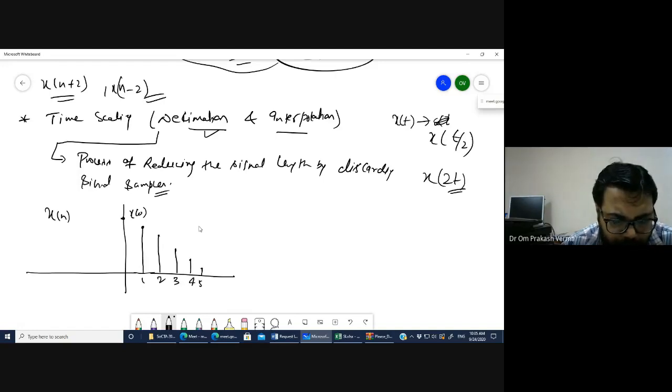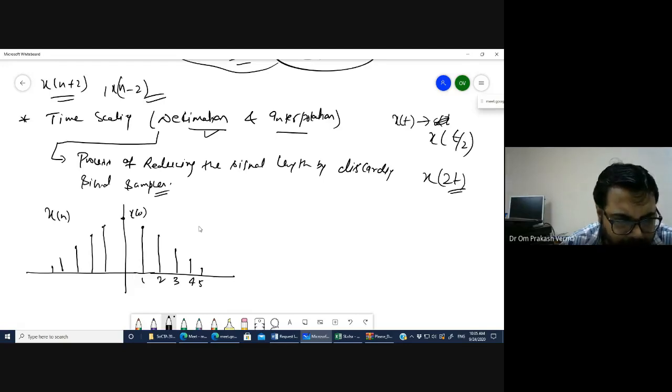In a similar way, let's say this is x of minus 1, x of minus 2, x of minus 3, x of minus 4, and x of minus 5.